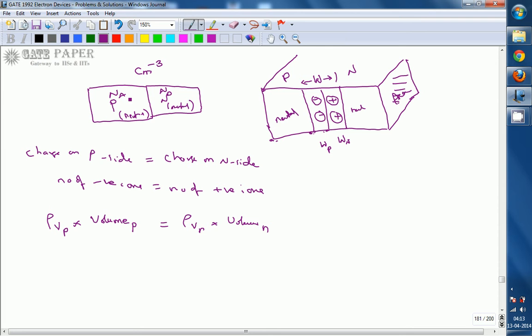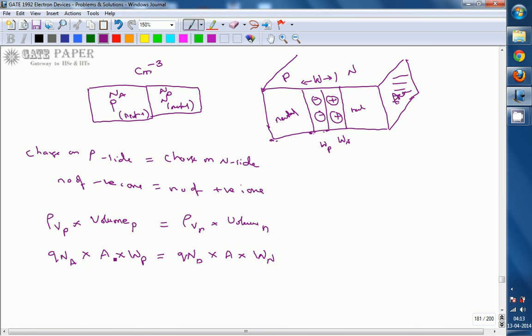At most, if all the acceptors and donors are ionized, you may get a maximum of Na number of volume charge density, and each ion is going to have a charge of Q multiplied by volume, which is area A multiplied by width Wp, whereas rho n is, at most, Nd number of positive ions if all the donors are ionized, and each positive ion has a charge of Q multiplied by volume on n side, which is area multiplied by width on n side.